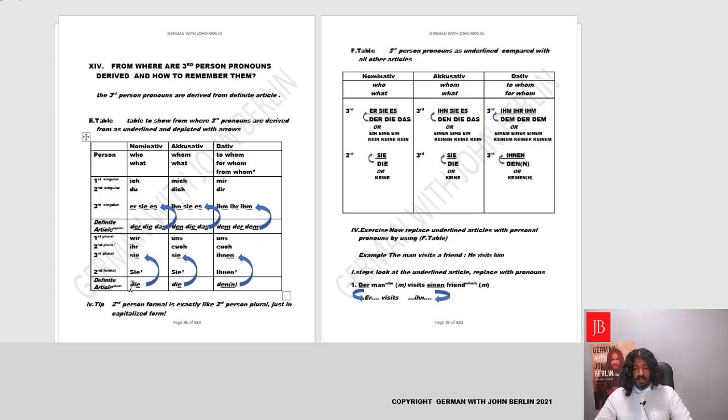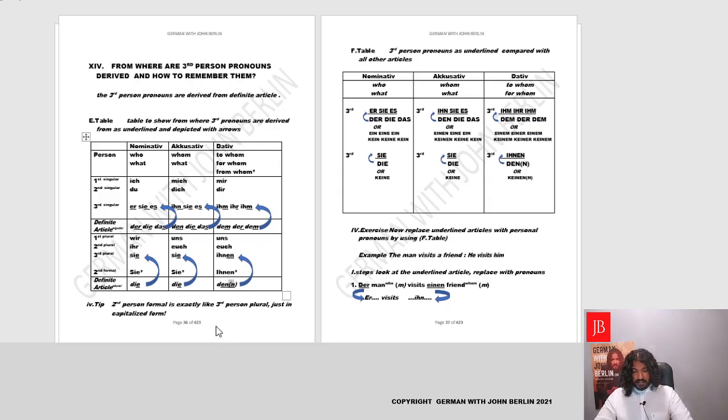Coming to plurals, die, which is the plural nominative definite article, becomes sie. Yes, that's the third person plural. And the accusative plural, die, becomes sie again, which is our third person accusative plural. And den with an extra n becomes ihnen. So perfect. What this extra n means, I'll tell later.